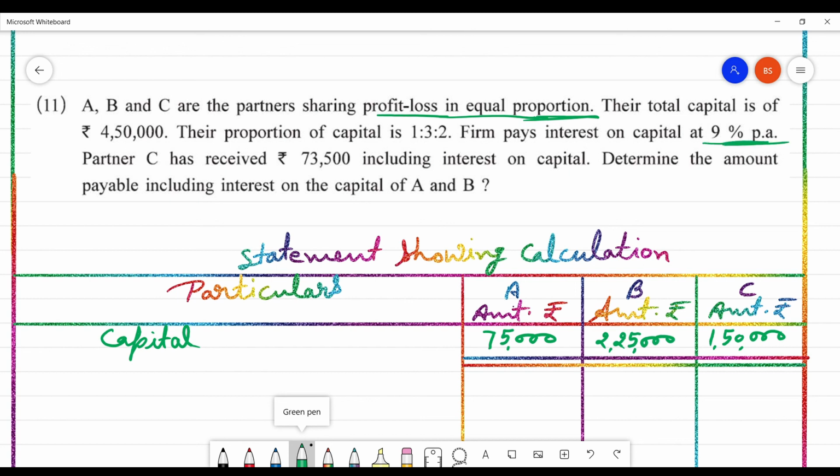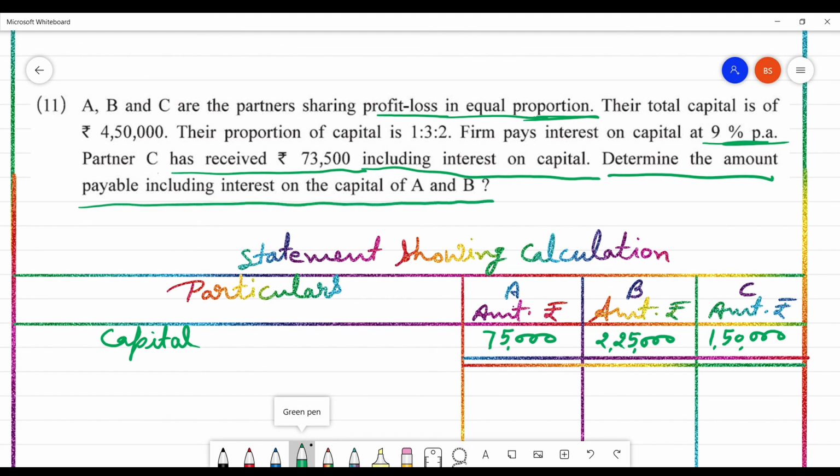Partner C has received 73,500 including interest on capital. Means partner C's amount received includes profit plus interest on capital. So we have to determine the amount payable, including interest on capital, of A and B. Means we have to find out the profit plus interest on capital of each partner, A and B. C's amount is already given.